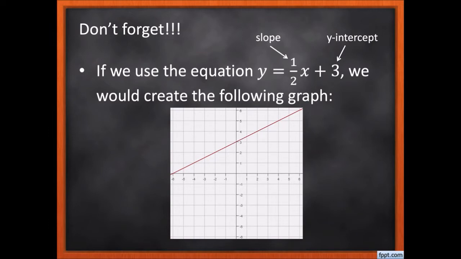You go to the y-axis, you go up 3, and you start there. And then from that point, you're going to do the slope, which is up 1 to the right 2. Up 1 to the right 2.